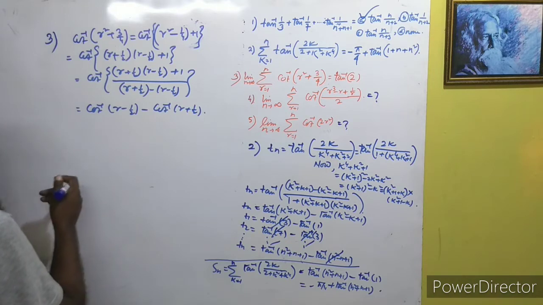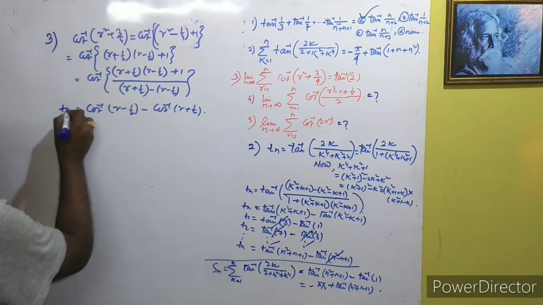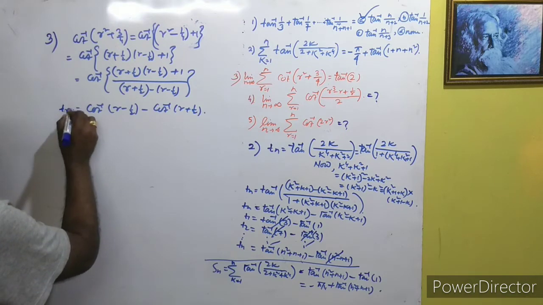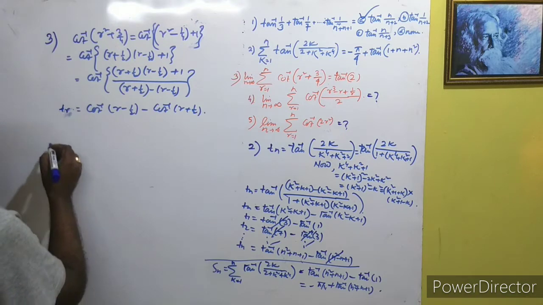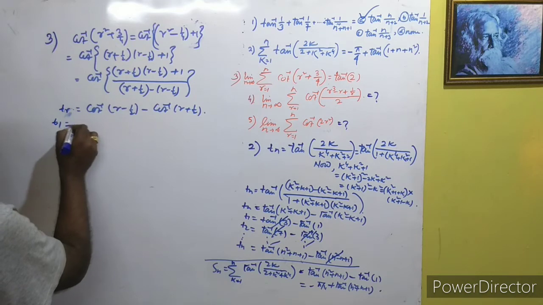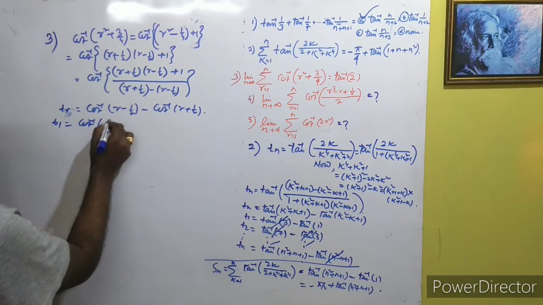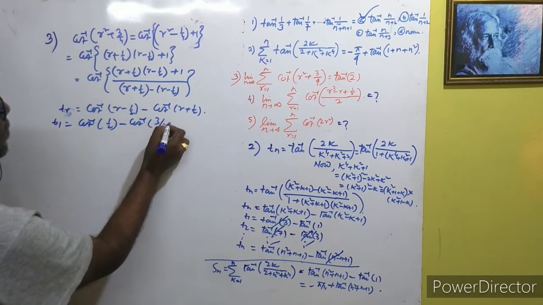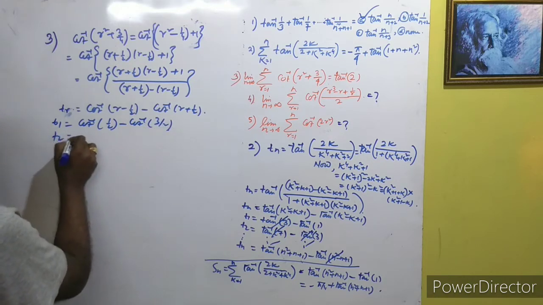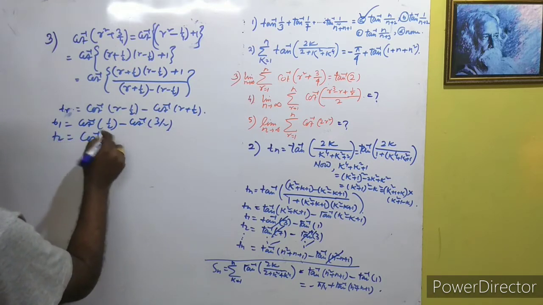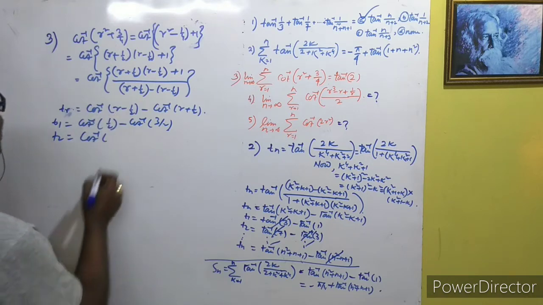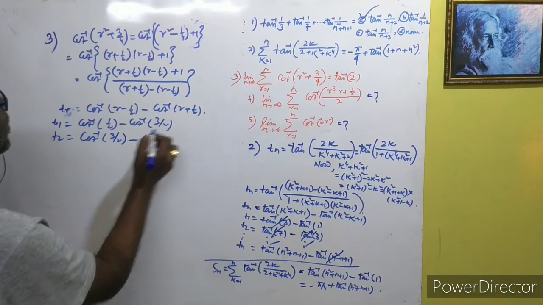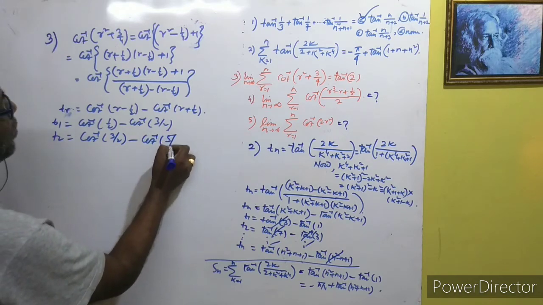Okay, let us assume this as tn, so tr, this is as a r. So now first I have to find t1, so that is half minus 3 by 2. Again t2, that is cot inverse, if we put 2, that is 3 by 2 here, and minus cot inverse, this is 2, this is 5 by 2 here.